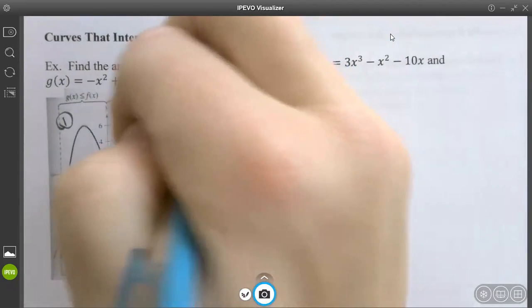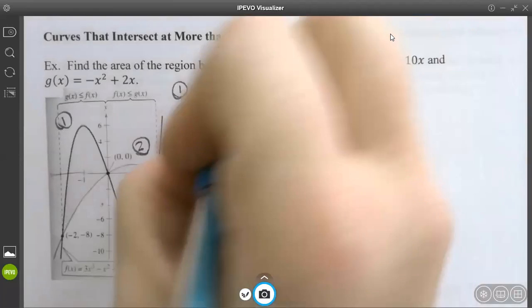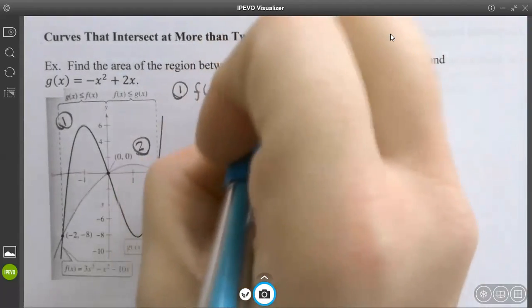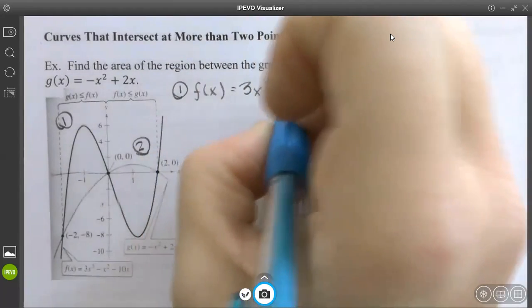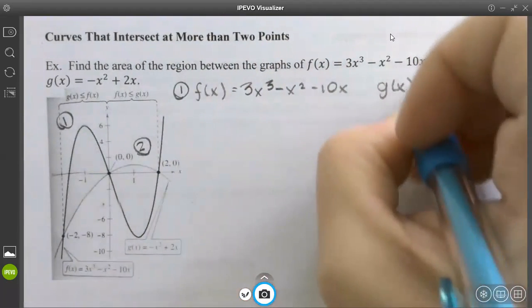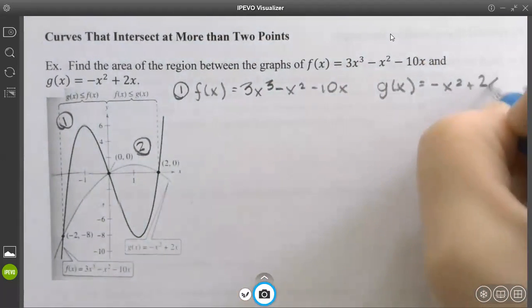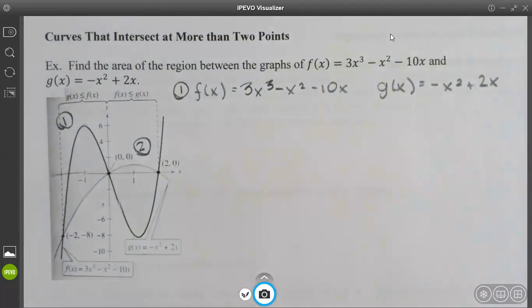Which one is our f of x? 3x to the third minus x squared minus 10x. And our g of x is? Not yet, I don't need to do that on this one.